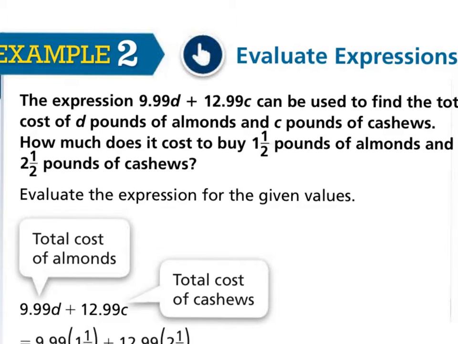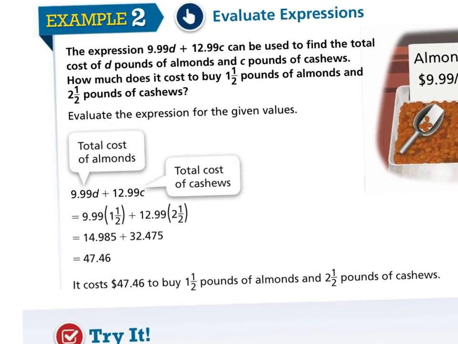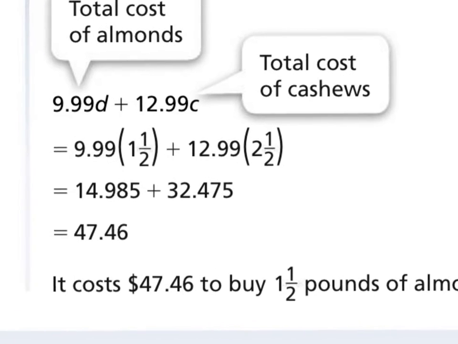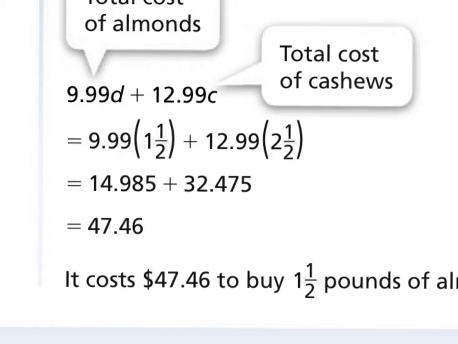Not sure why they didn't use A for almonds, but that's okay. And then $12.99 C because it's $12.99 for each pound of cashews. So that was the expression. They said for 1.5 pounds of almonds, 2.5 pounds of cashews. So we are just substituting 1.5 in place of the D, 2.5 in place of the C. They worked that out.